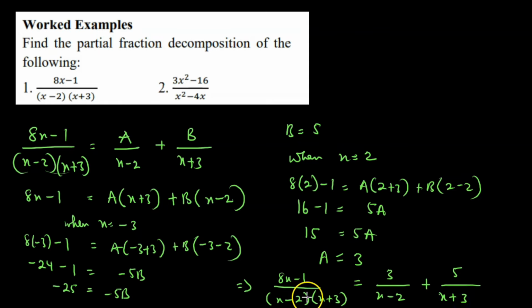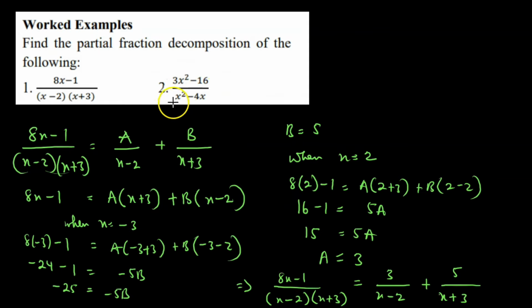So this is the partial fraction for 8x minus 1 all over x minus 2 times x plus 3. You can add 3 on that and 5 on that, and frankly speaking, you are going to get the same answer. So without wasting my time, let's go to the next example. We have more to cover.